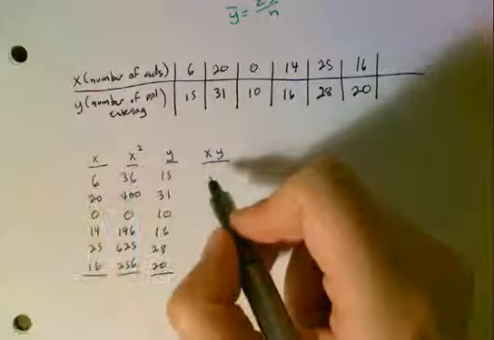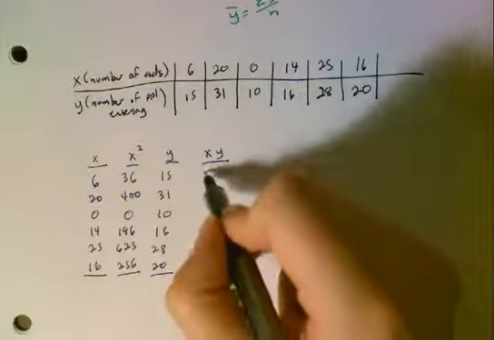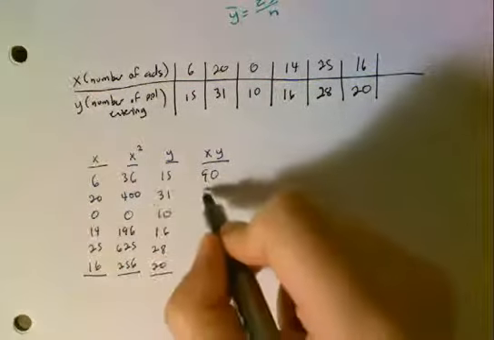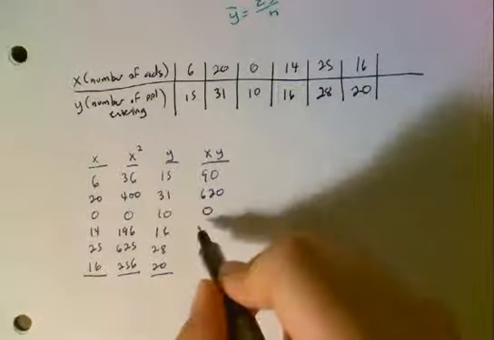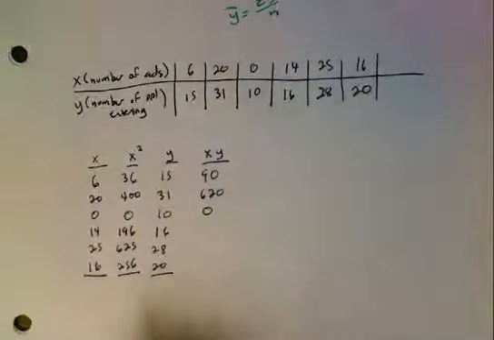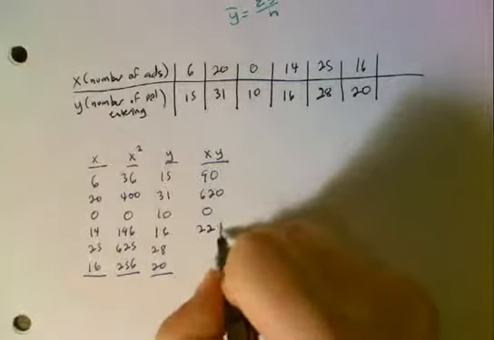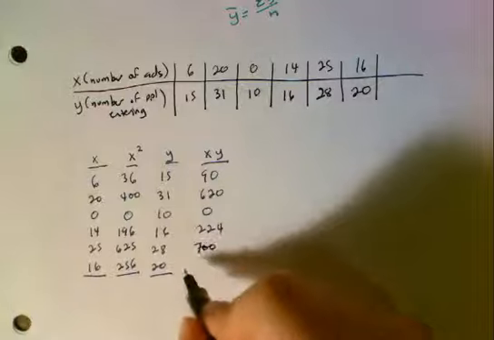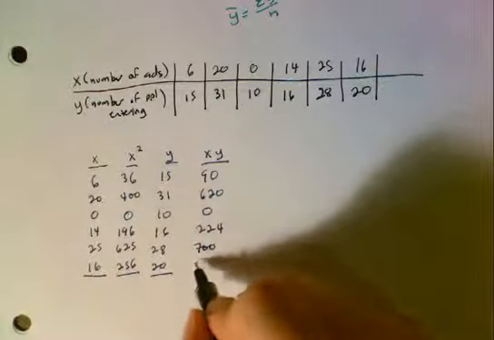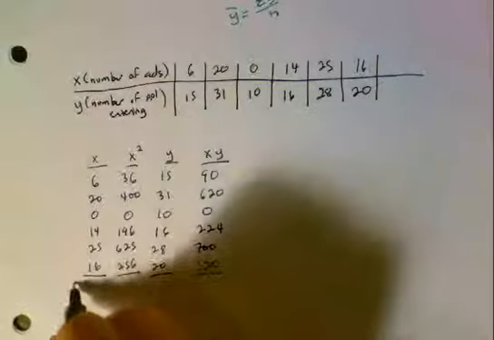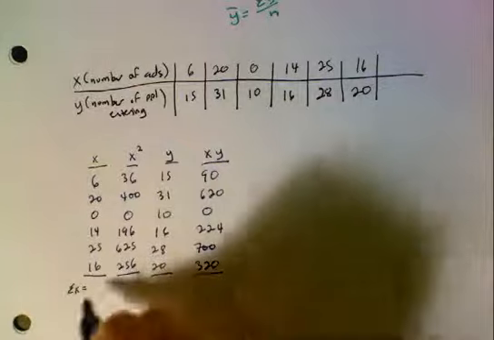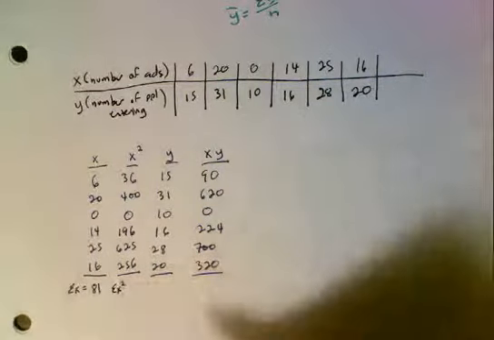And x times y is 6 times 15, 20 times 31, 0 times 10 is 0, 14 times 16, this is just like we were doing for r, 25 times 28, and 16 times 20. Okay, so sum of x: 6 plus 20 plus 0 plus 14 plus 25 plus 16 is 81.